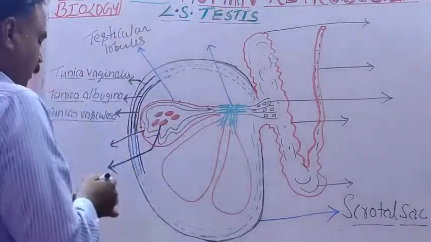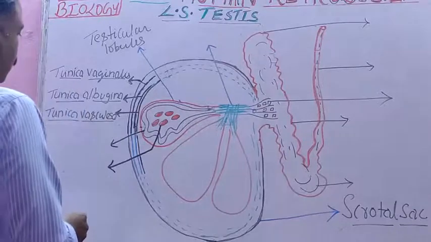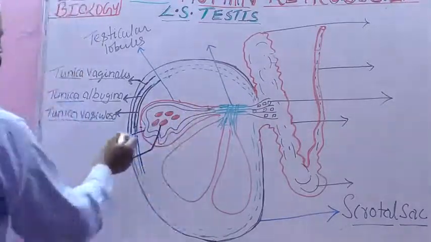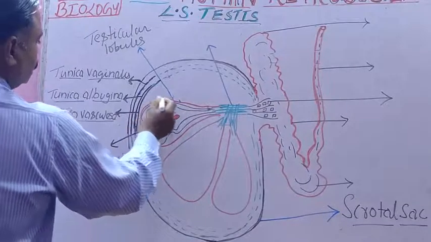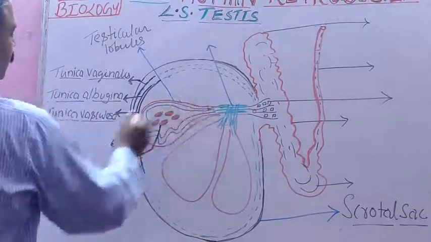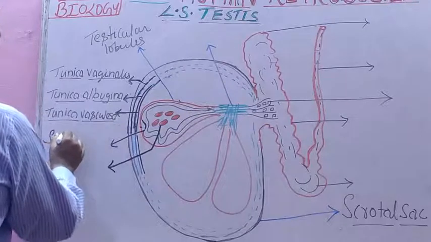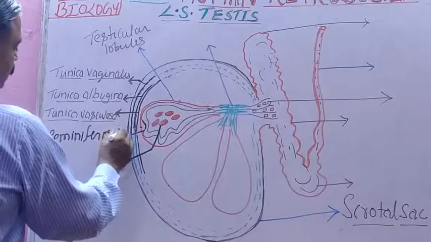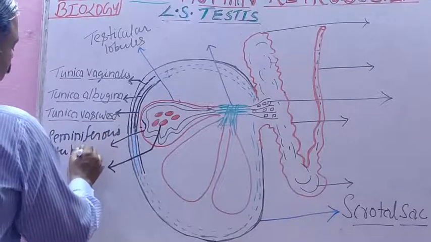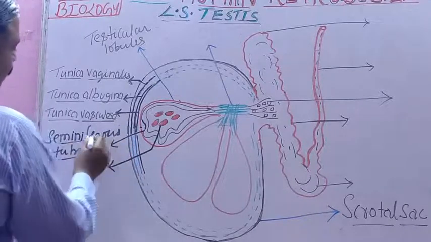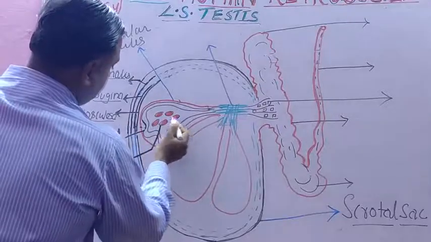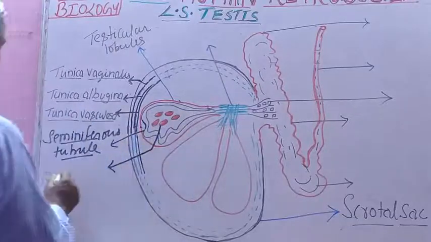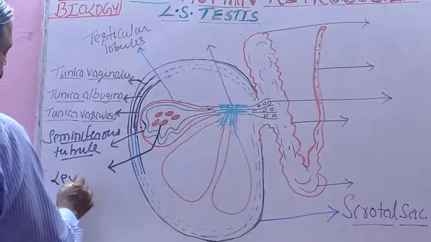Now when we study in detail, one testicular lobule consists of this coiled tube-like structure called seminiferous tubule. Now observe carefully, these red structures within this seminiferous tubule are called Leydig's cells.